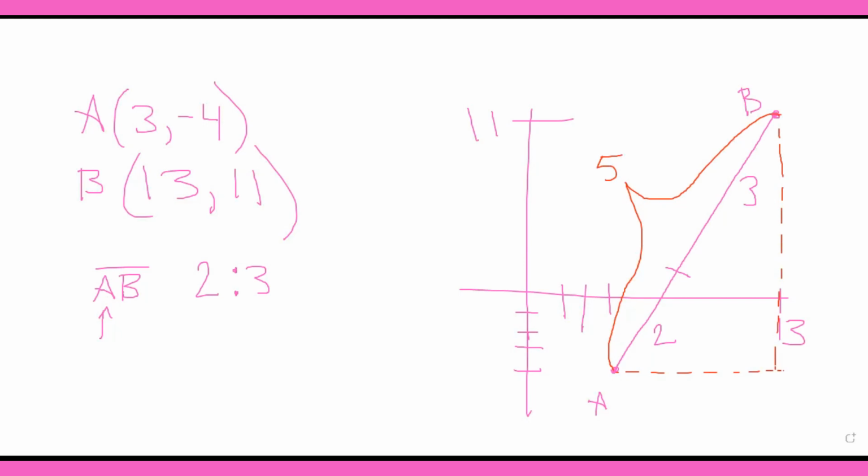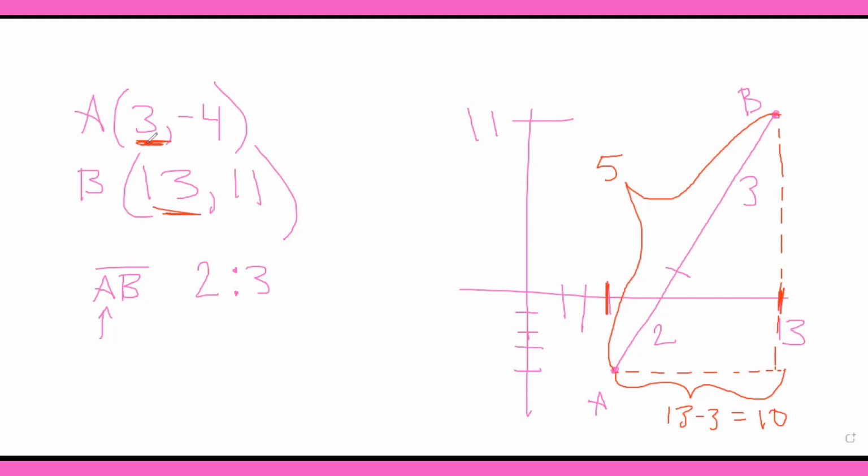So in this case, I need to figure out what my total x is. So I've gone from 3 to 13 for x. We just have to figure out how much that distance is, and we could do 13 minus 3, and that equals 10. So that whole distance for x is 10.